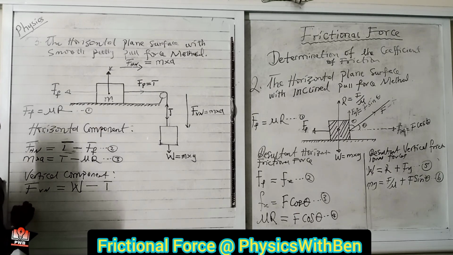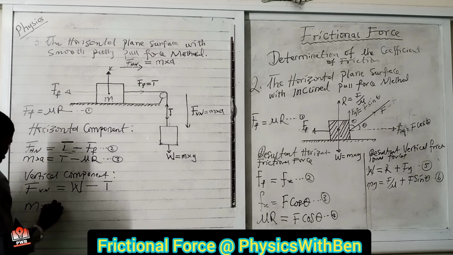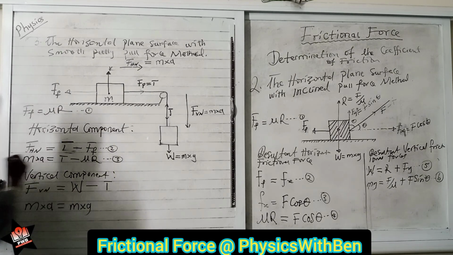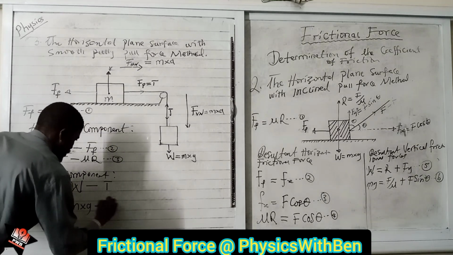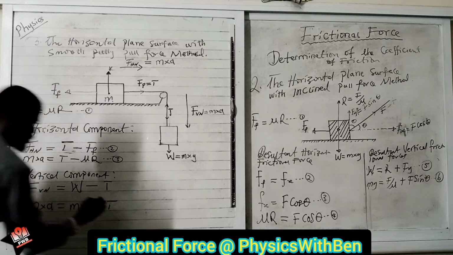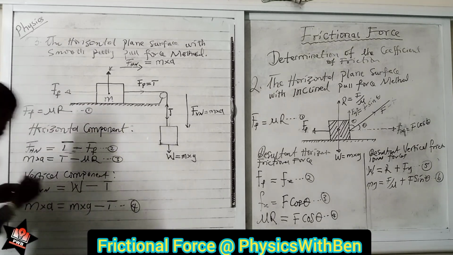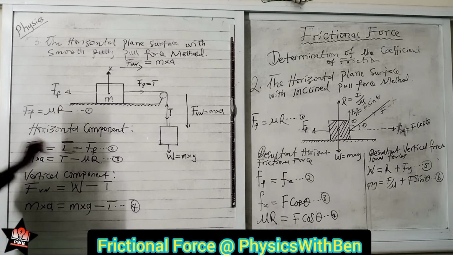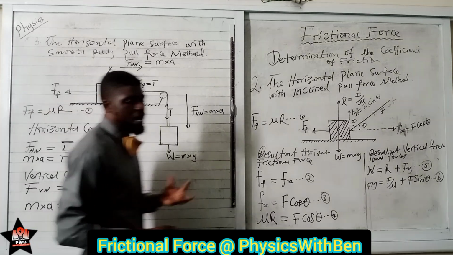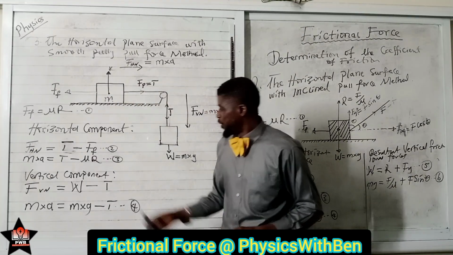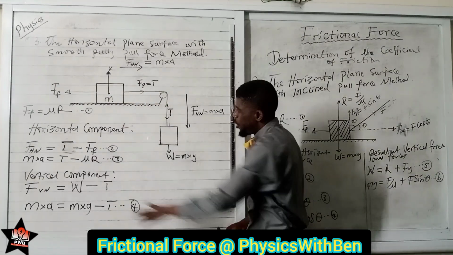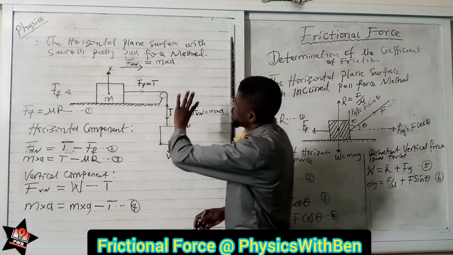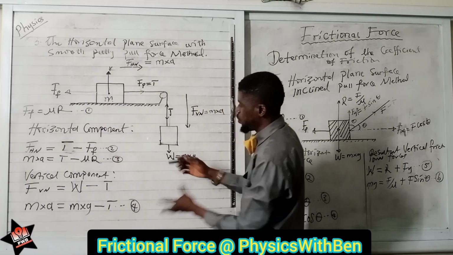So we write that our mass times acceleration is equal to mass times gravity minus this tension. So we call this equation number 4. So equation number 3 and equation number 4 are the two physical simultaneous equations you can use to solve questions on things like this. When you see a question coming from this direction, this is how to go about it.